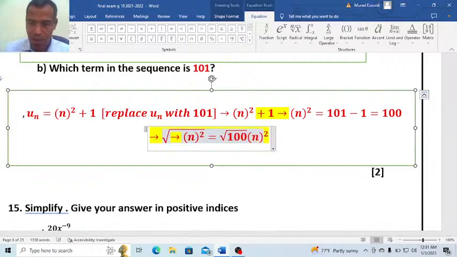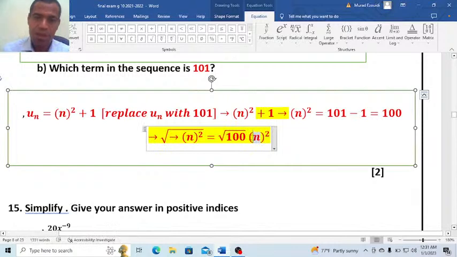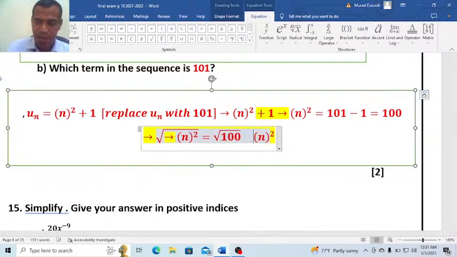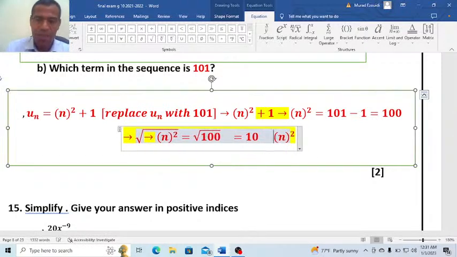Now I will erase the rest. So this one is equal to 10. Therefore, n is equal to 10.